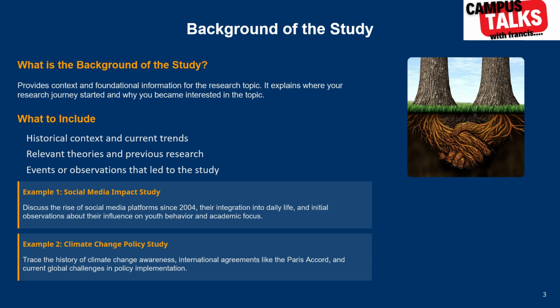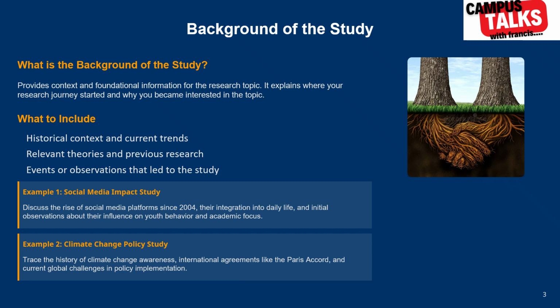What should you include? Here you're expected to include historical context and current trends. This is very important. Numbers are needed here, trends are needed here, and I'm going to explain this in detail. You also need relevant theories and previous research, events or observations that led to the study.